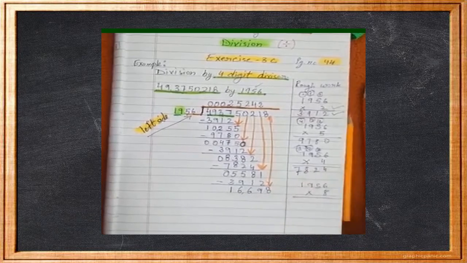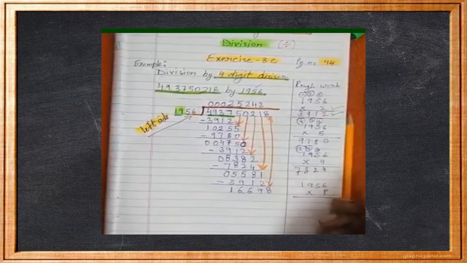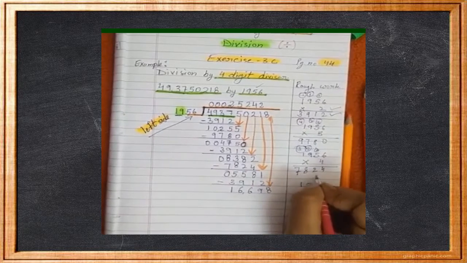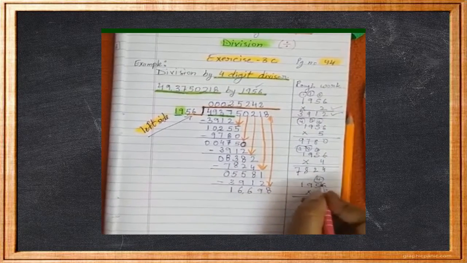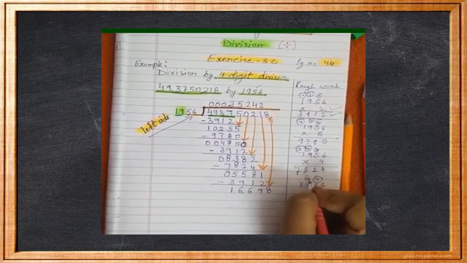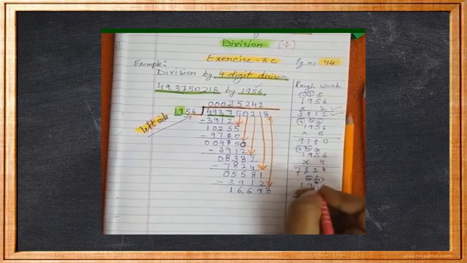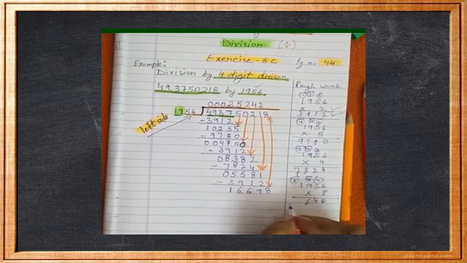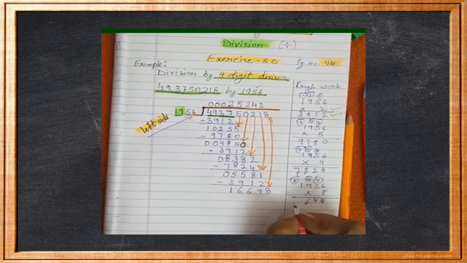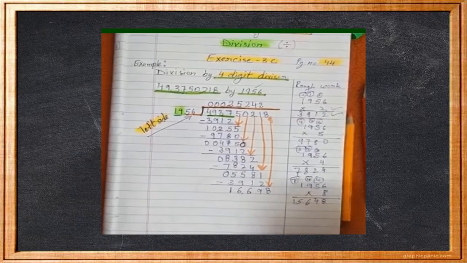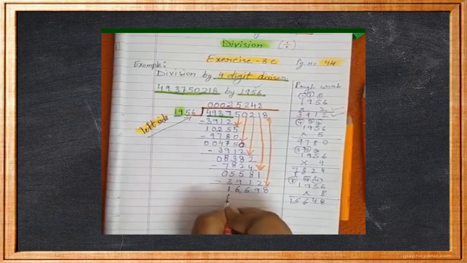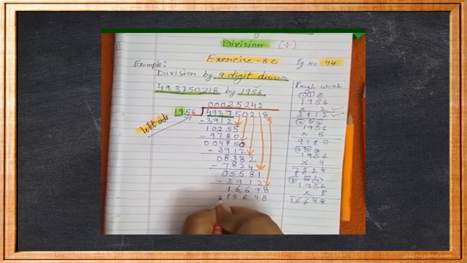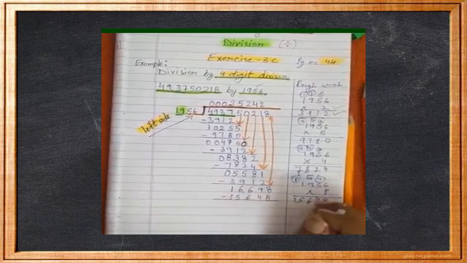Yes children, now do multiplication here. 8 6s are 48, 8 here, 4 will be here. 8 5s are 40, plus 4, 44, 4 here, 4 here. 8 9s are 72, 72 plus 4, 76, 6 here, 7 here. 8 1s are 8 plus 7 is what? 15. So what will you be writing here? 15,648 children.